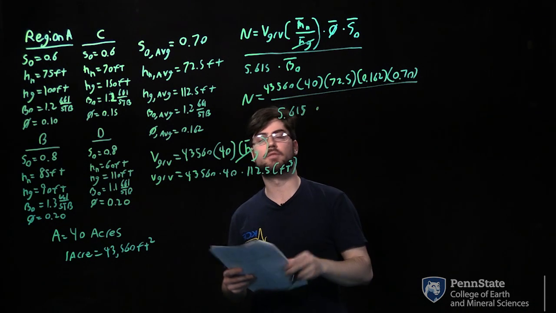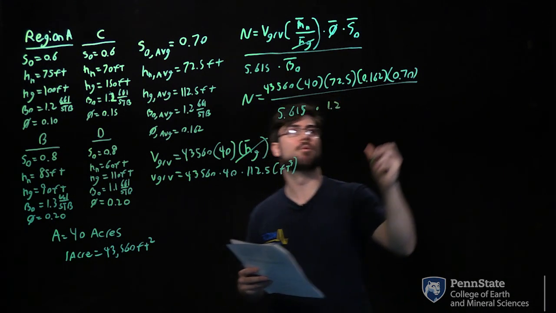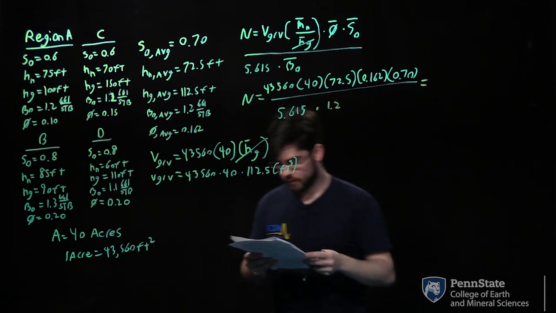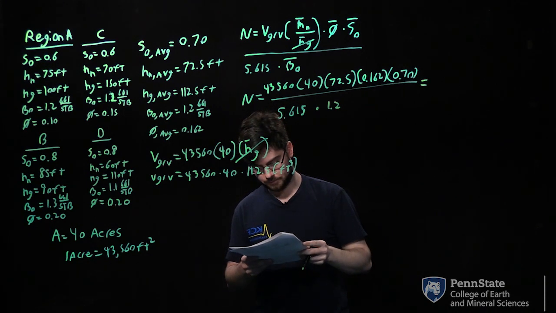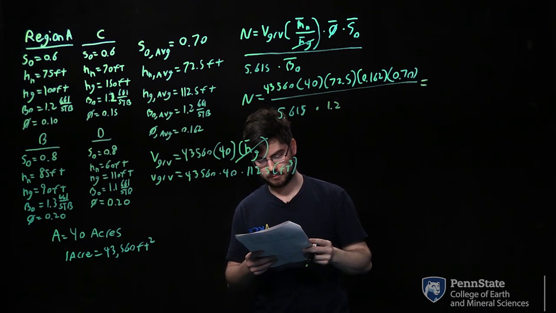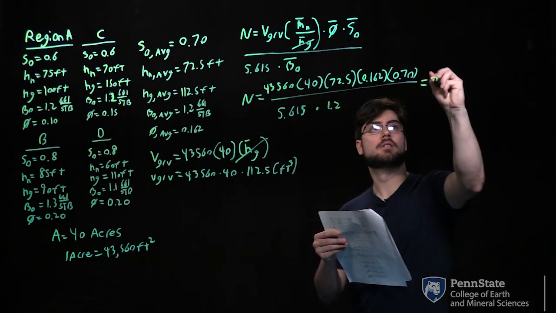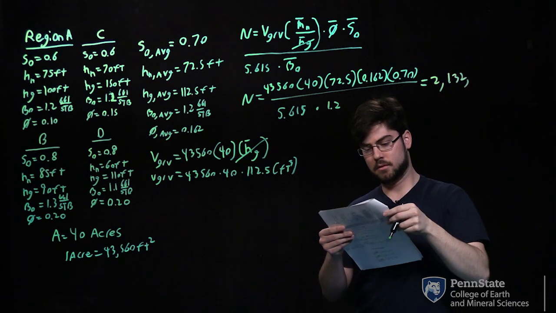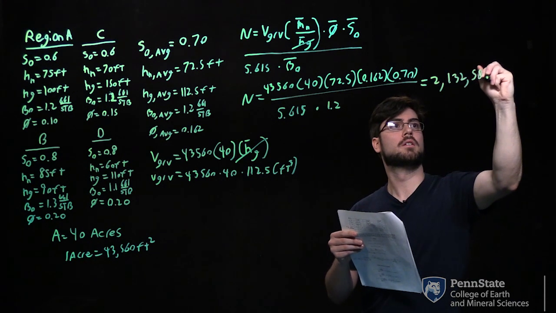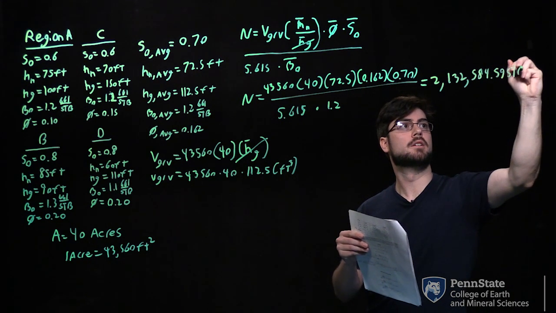So then you have 5.615 times your BO average, which is 1.2. And when we do this calculation, we find that N is going to be equal to 2,132,584.59 STB.